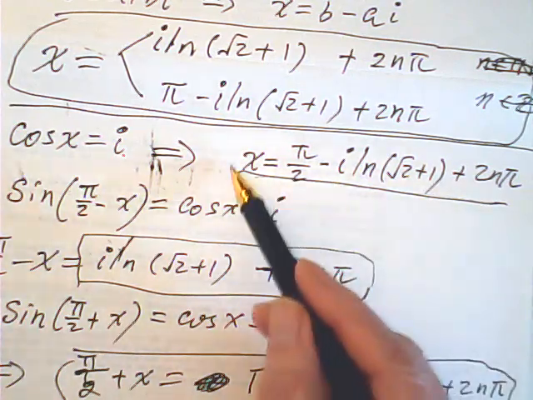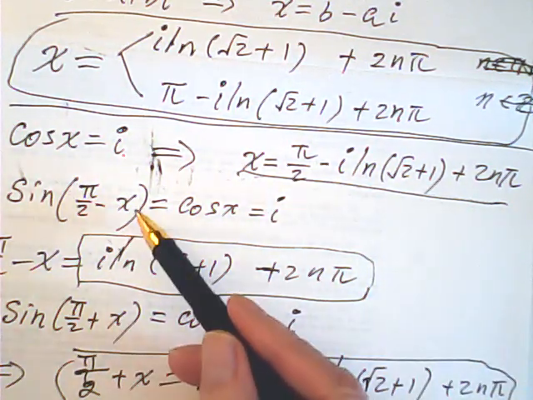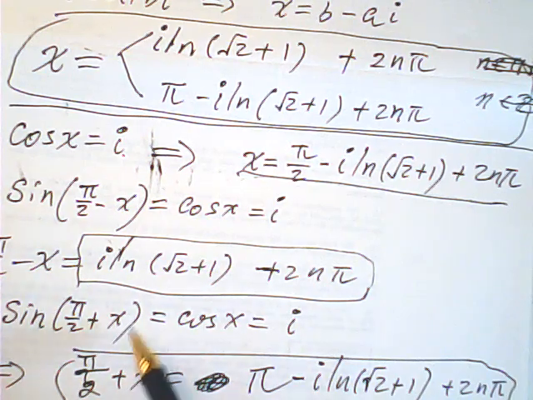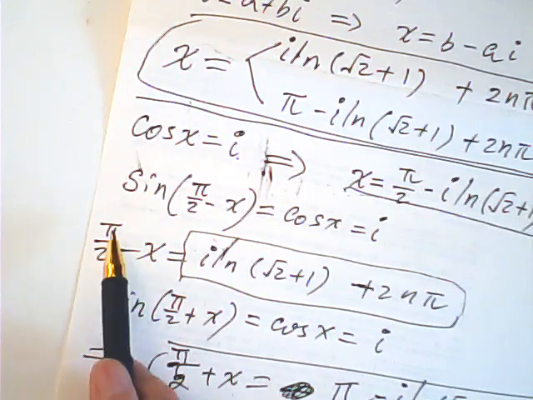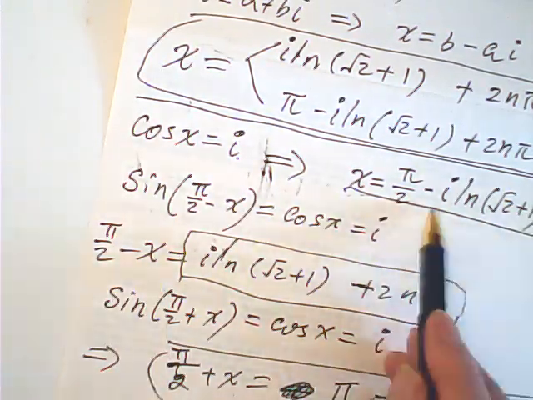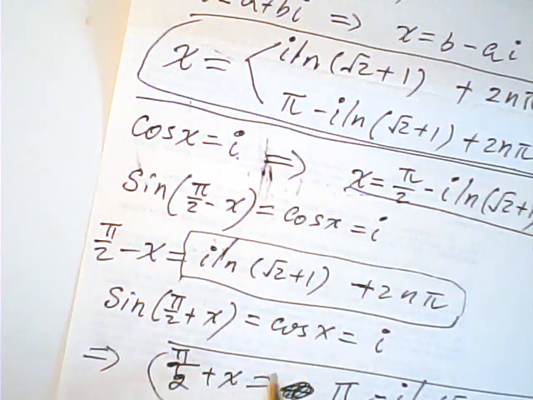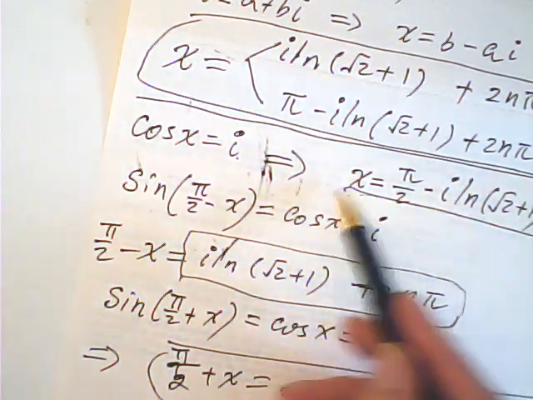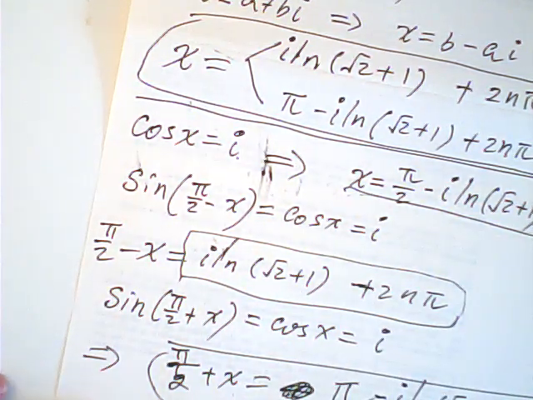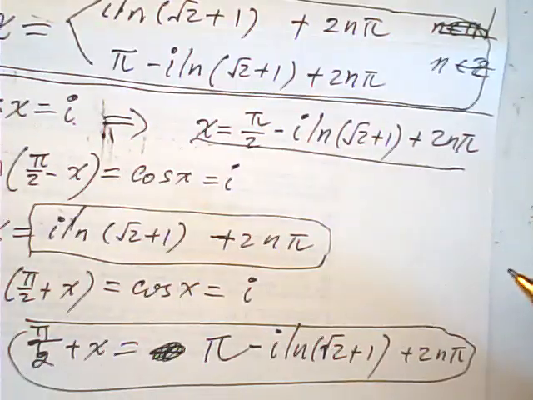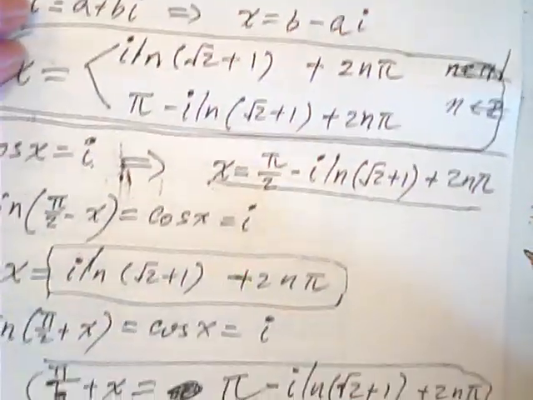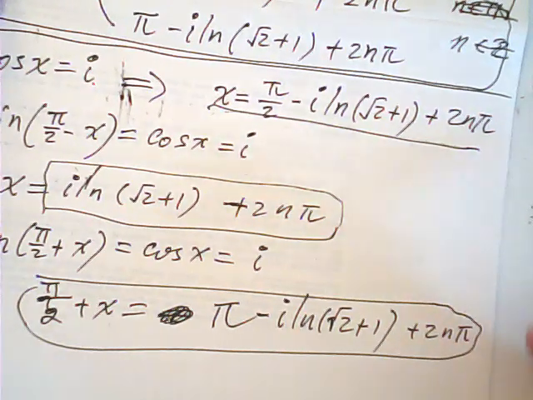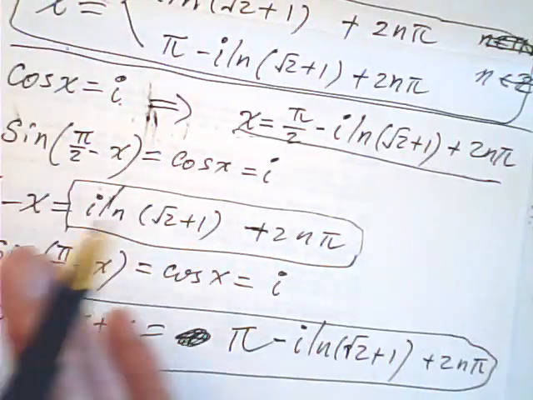If the solution is given, then we can find sine x equals i just by using half pi taken away from this, or half pi plus that becomes the other solution. I hope my explanation is clear, and I hope you like it too.